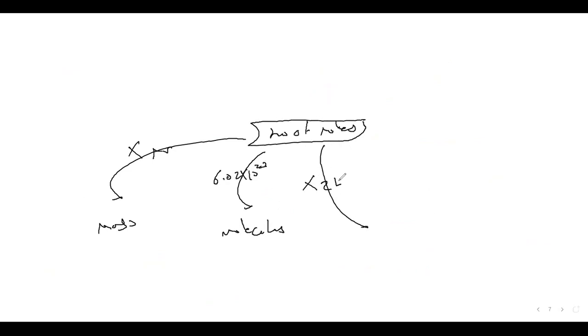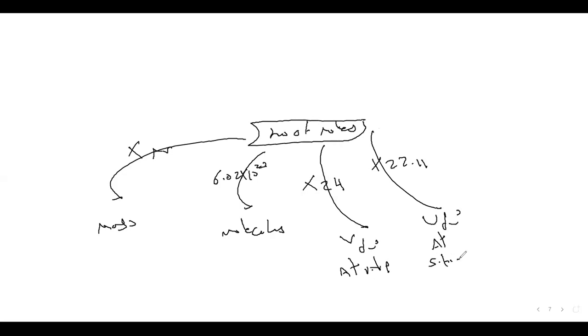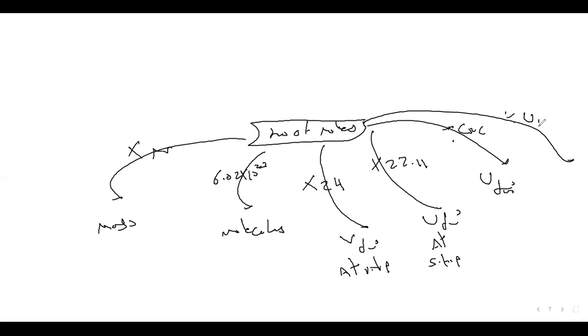Multiplied by 24 to get volume decimeter cubed at RTP. Multiply 22.4 to get volume decimeter cubed at STP. Over concentration to get volume decimeter cubed. Over volume decimeter cubed to get concentration.